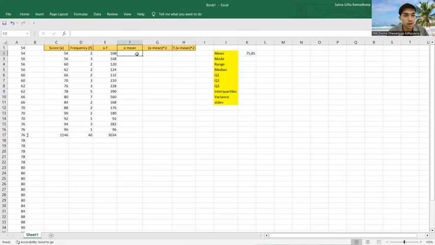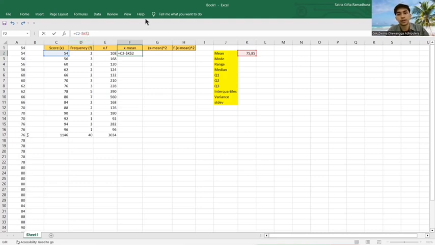So now to find score minus mean, we have to press equal, press the first score, and then minus symbol, and click mean. Don't forget to add the dollar symbol in mean, like this.